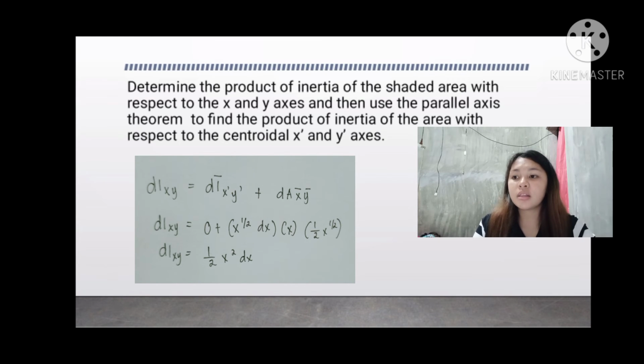Then plus our dA, which is x raised to 1/2 dx, times our x bar, which is equal to the value of x, and our y bar, which is 1/2 of x raised to 1/2, which in result our dIxy is equal to 1/2 x squared dx.